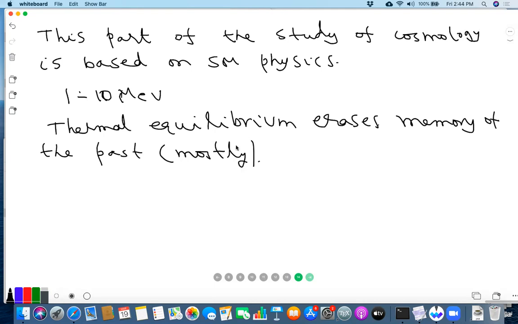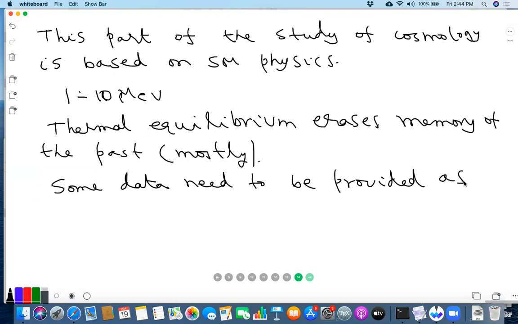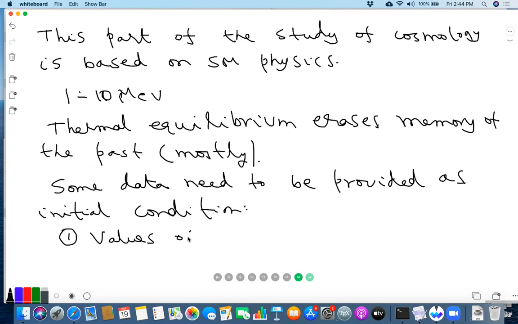Okay, some data is needed. So some data have to be provided as initial condition. So for example, the values of the conserved charges.